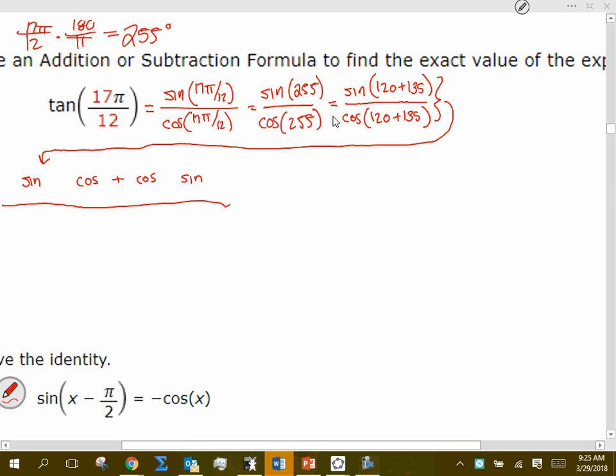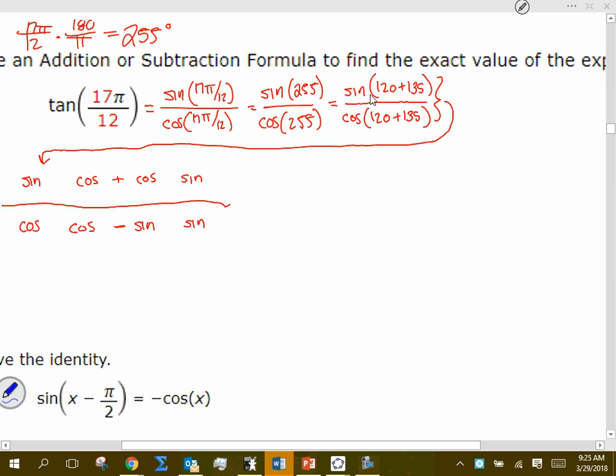The denominator is a cosine, so it's going to go cosine, cosine, then I've been saying complementary sign or opposite sign, and then it goes sine, sine.